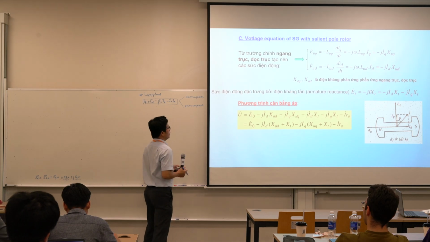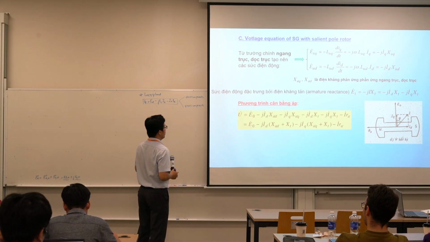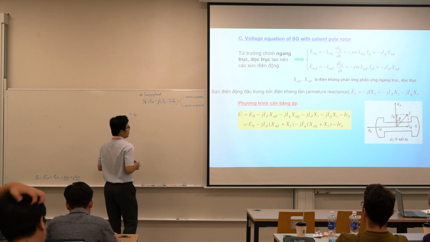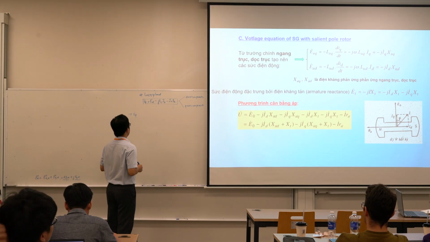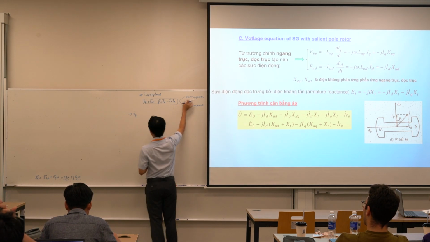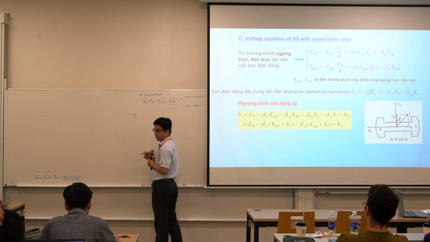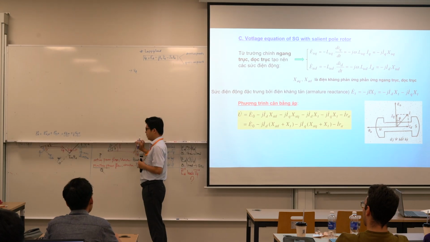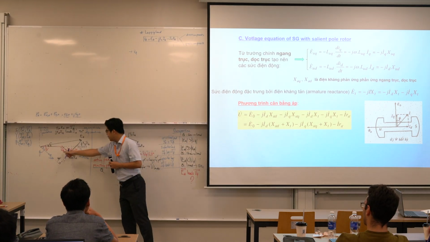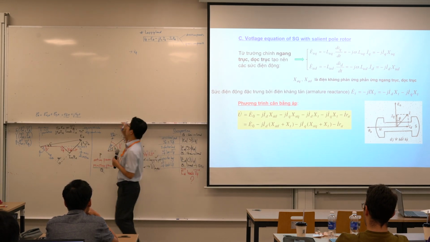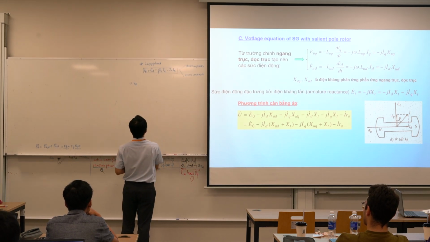Now we have V phase. V phase is in the same direction with D. Right? V phase is in the same direction with D. Okay, so we just say V phase.